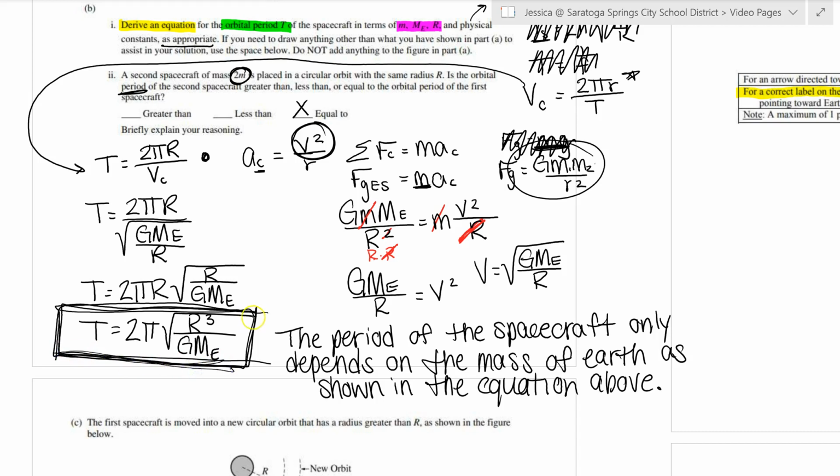Now let's say you got this equation wrong. Let's say there was for some reason an m in there. If you answered part 2 based on your equation from part 1, and you referenced your equation from part 1 in your explanation, you could still get partial credit for part 2 based on your incorrect equation. So if you are not the greatest at deriving equations, that's okay, as long as you can get this briefly explained part.